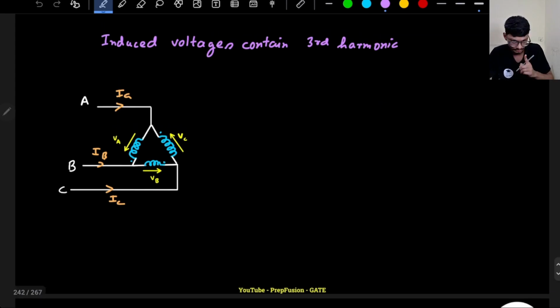Then I can do one thing. Let me find out the current due to the third harmonic. So how will I find out the current due to the third harmonic?